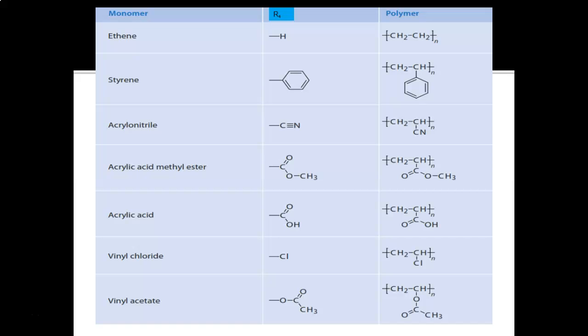This is the type of monomer together with R4. R4 might be H, hydrogen, benzene ring, CN, COO, CH3, and so on, depending on the monomer. And this monomer will then produce a polymer.